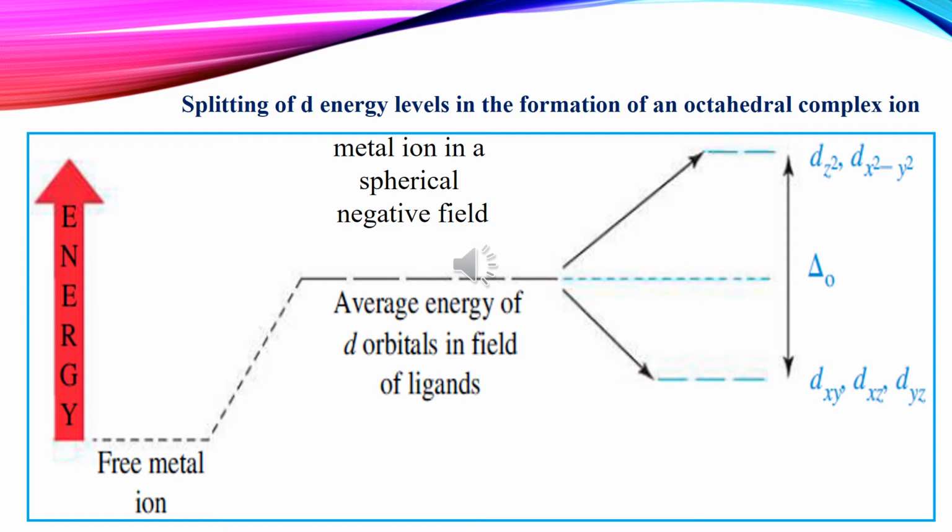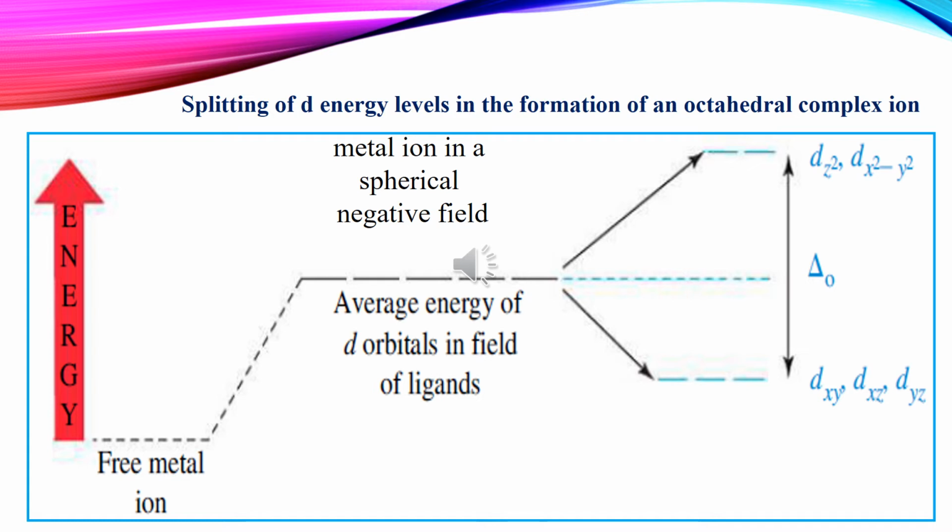The easiest way to remember this convention is to note that there are three orbitals in the t2g set. The t2g set contains dxy, dxz and dyz, and the eg contains dx squared minus y squared and dz squared.